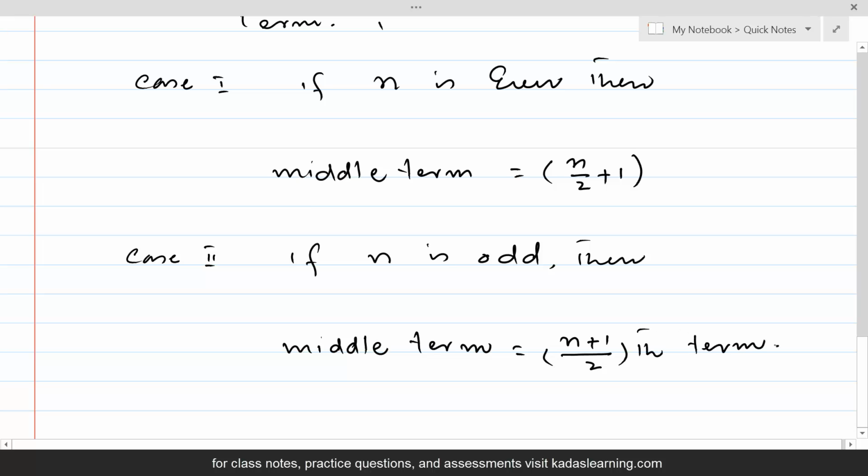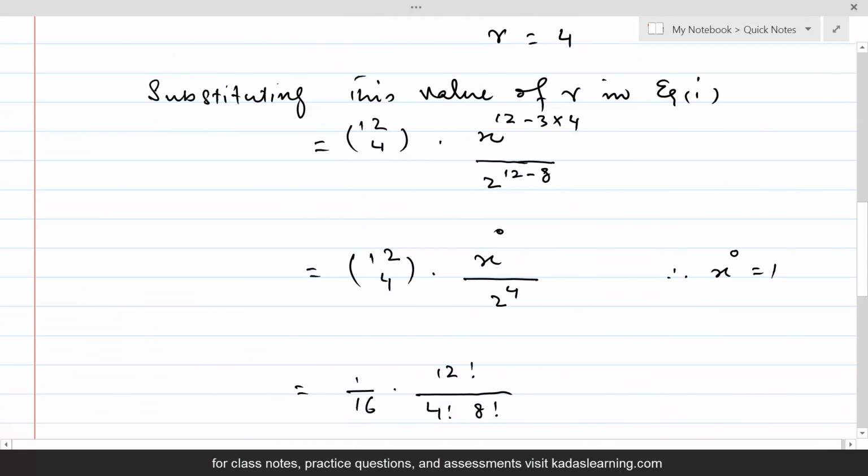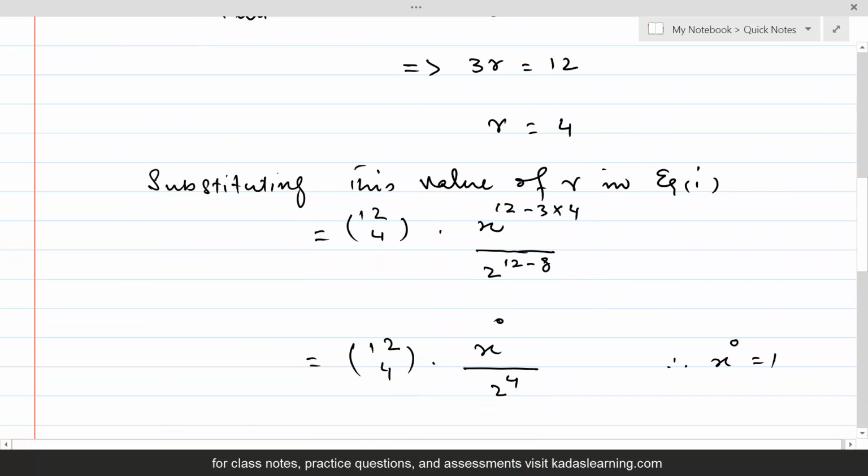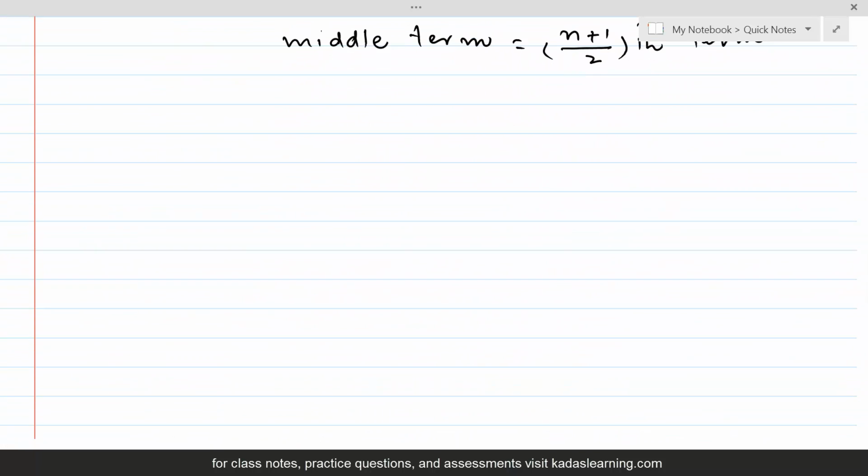In this case, because n is equal to 12, the 7th term would be the middle term.